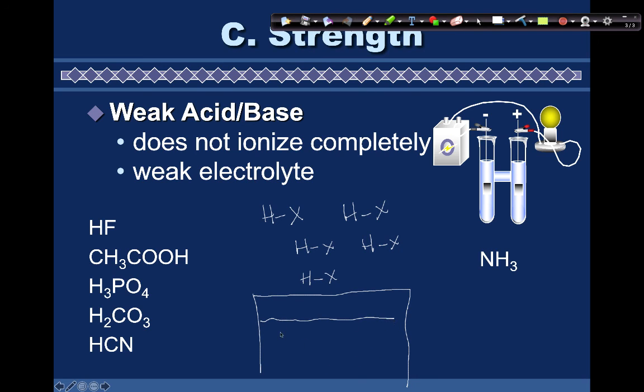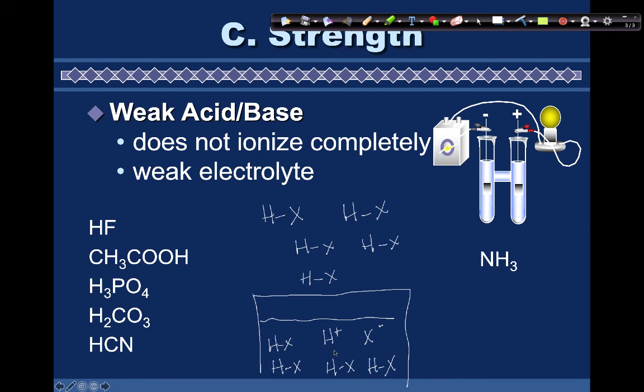Well, maybe one of them will ionize, but most of them are going to stick together. They're just going to be water molecules. So you do create some ions in this solution, but not a lot. Weak acids do not ionize completely. They ionize to a very, very small extent. So when we put them into water, we're not going to make that much hydronium.